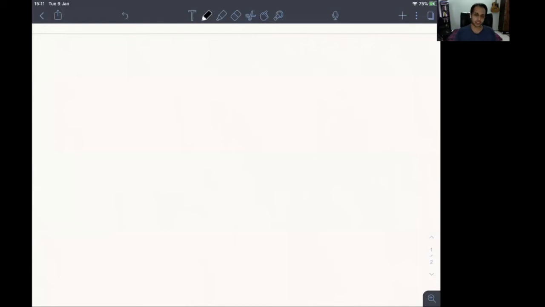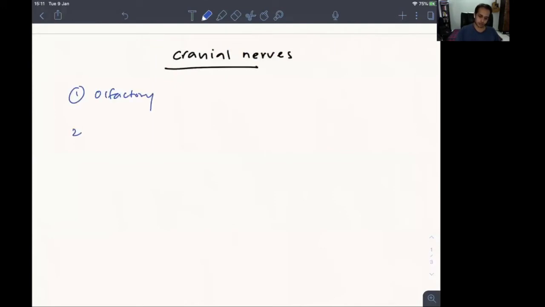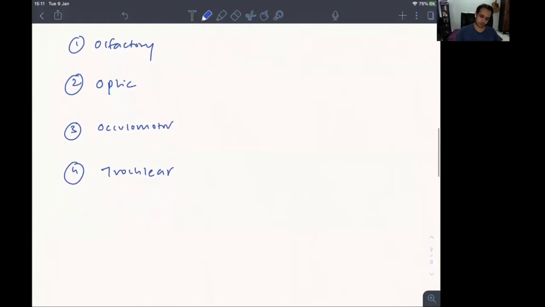examine the patient. Okay, so when we discuss cranial nerves, of course, the most important thing to do is to know what the cranial nerves are. So the cranial nerves in order are olfactory, optic, oculomotor, trochlear, trigeminal, and abducens.